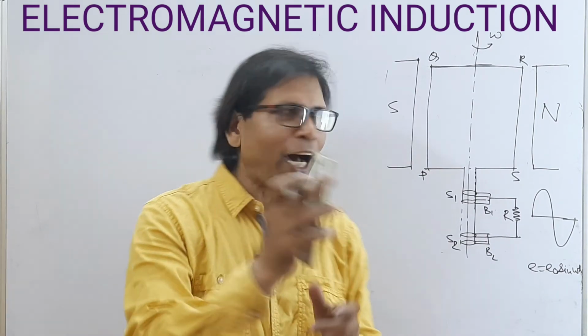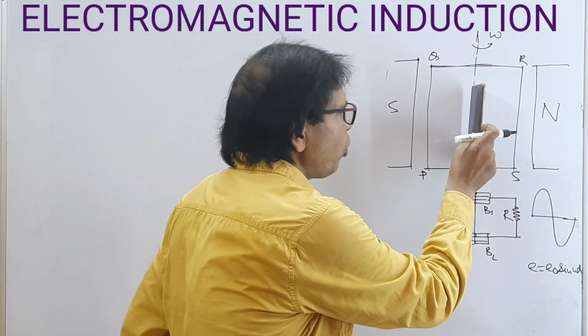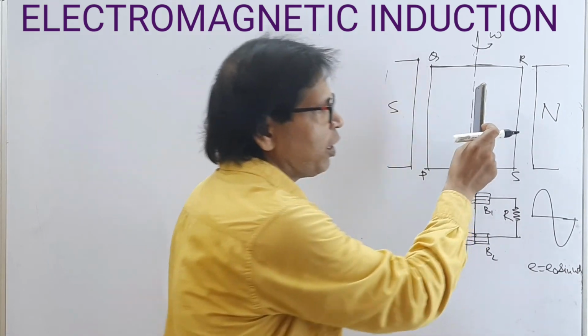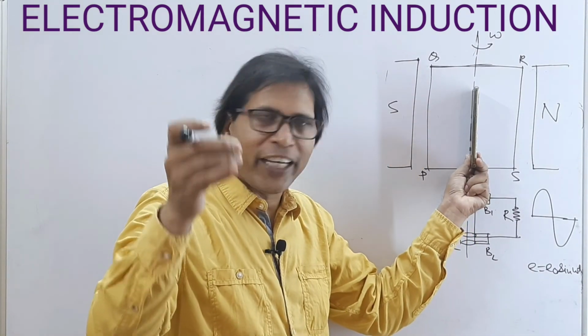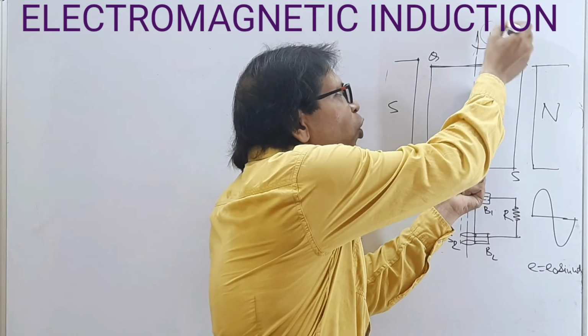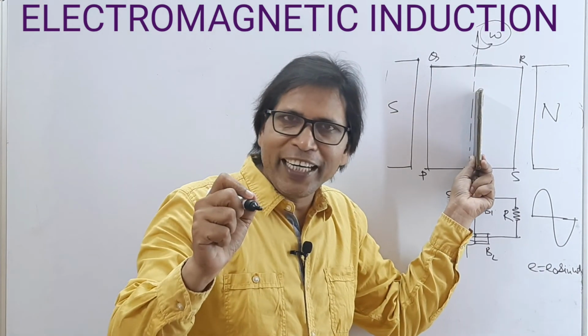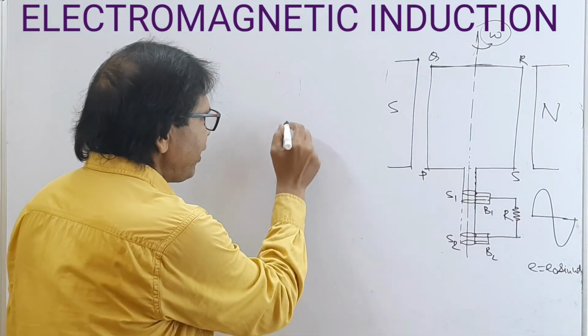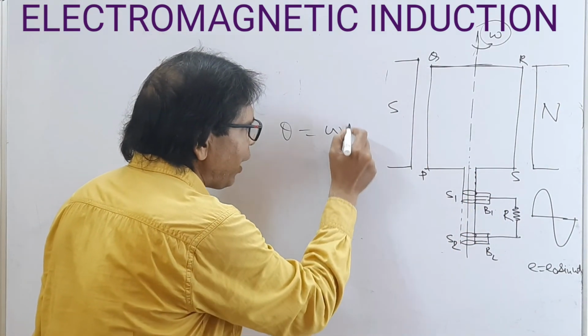Look at this, this is the armature coil. First of all, the plane of the coil is made normal to the magnetic field. Then it starts rotating with angular velocity omega. Therefore, in time t, the angle of rotation theta equals omega into t.